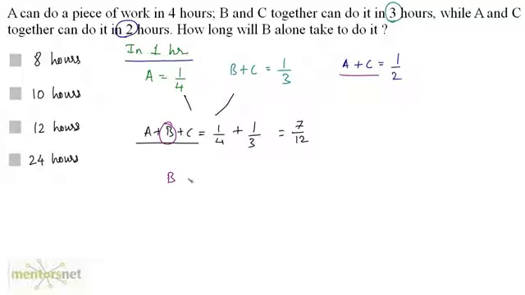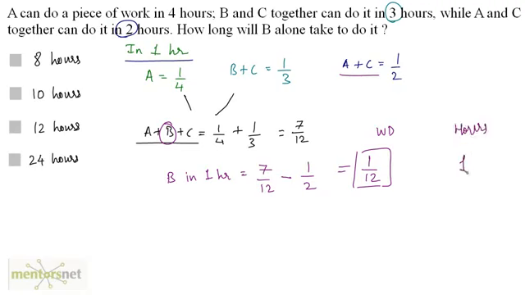So B's work in 1 hour is equal to 7 by 12, the amount of work done by all of them, minus 1 by 2, the amount of work done by A and C, and that is equal to 1 by 12.